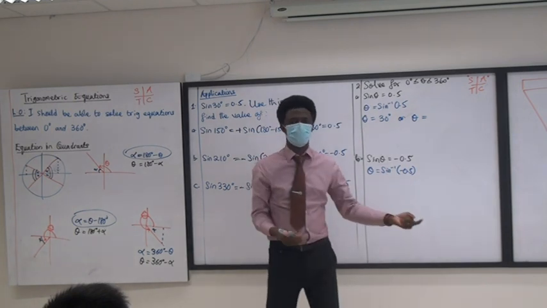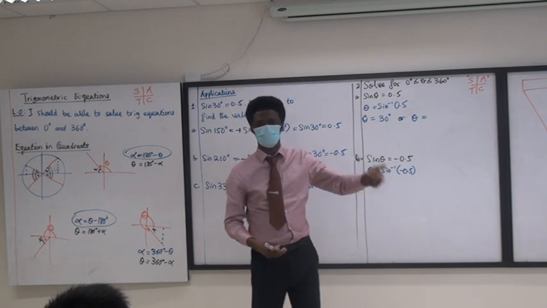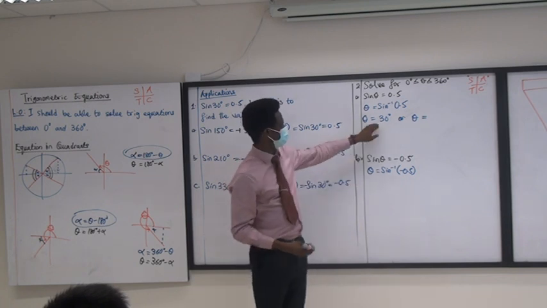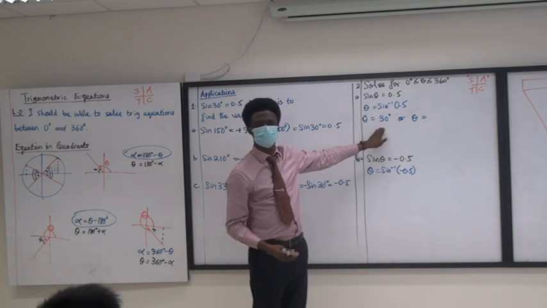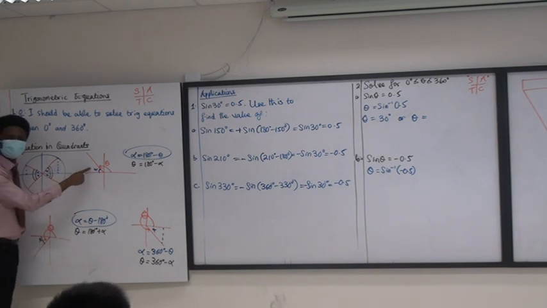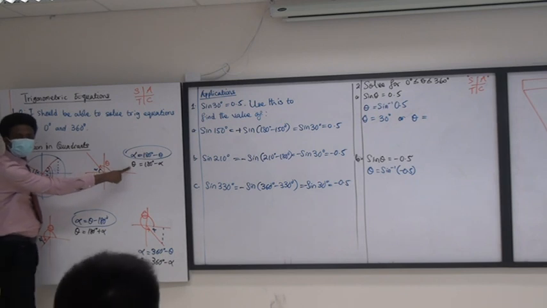We now want to convert it back to the equivalent in the second quadrant. The acute equivalent of this is 30 degrees, just like we understand that this is 30 degrees. Now we are interested in the bigger one, and that's the reason for this black line.